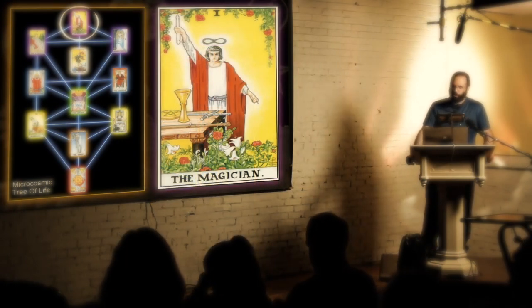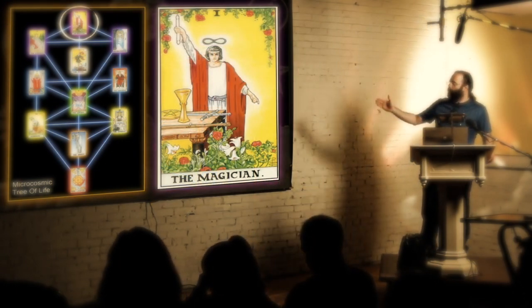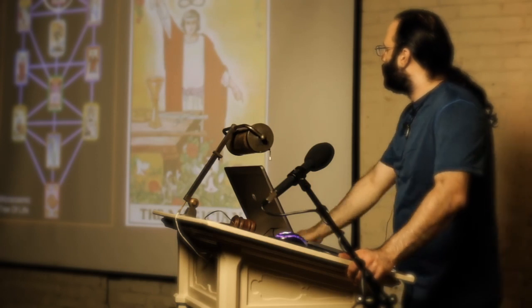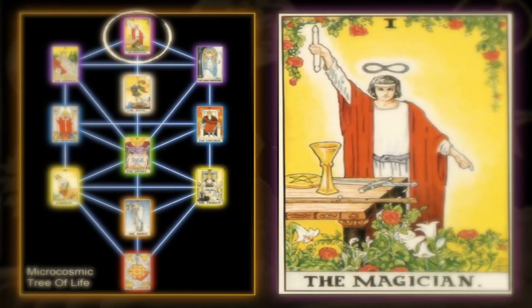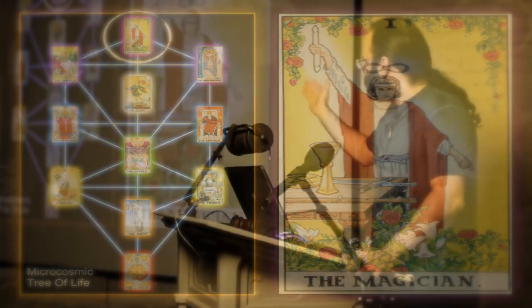He is a bridge. He's bridging the light of the Creator down to the world, which is why he has the scepter of power connected to the higher realm, but he's pointing at the earth. And he's mastered all the forces of nature. The wand, the sword, the cup, and the pentacles: earth, air, water, and fire, the four elements again.